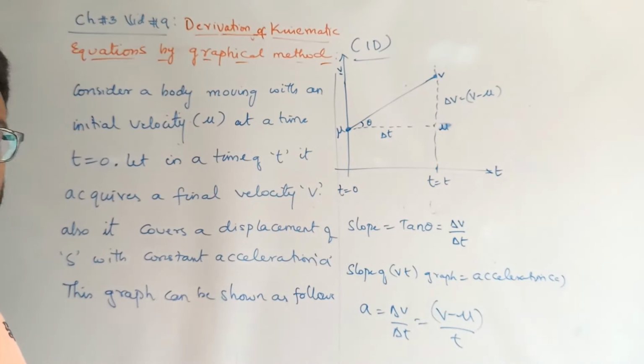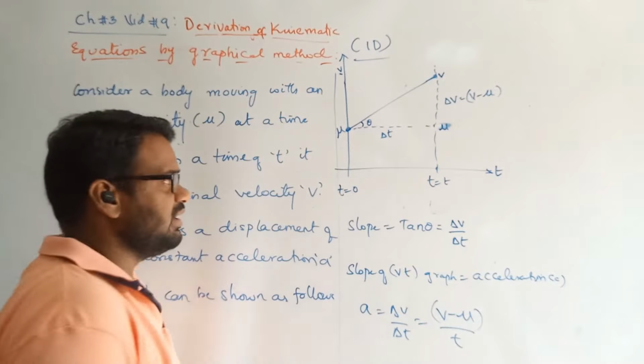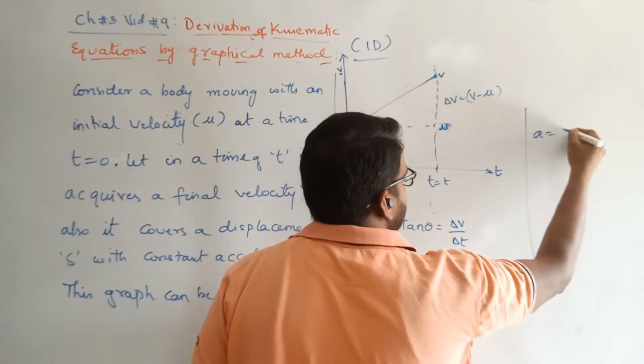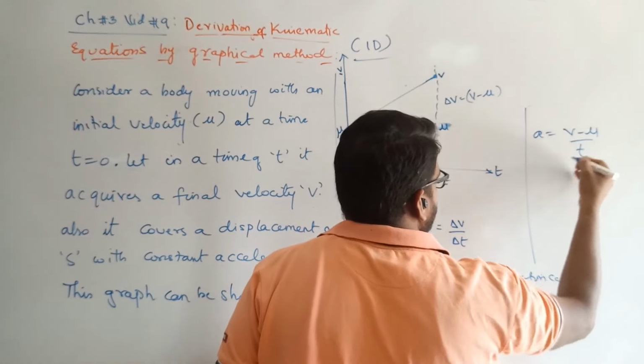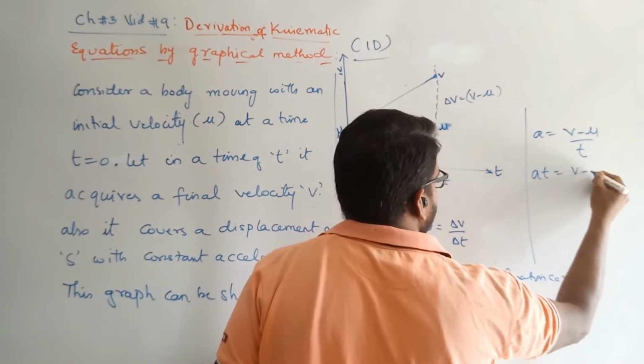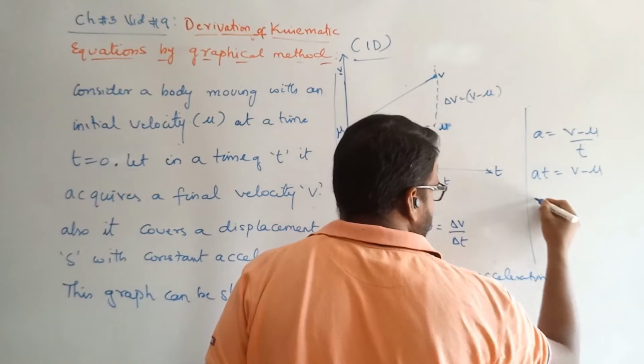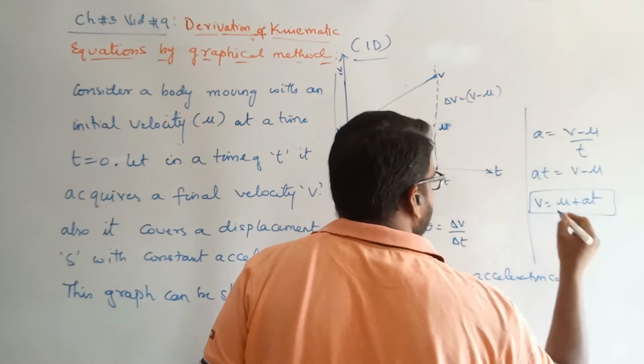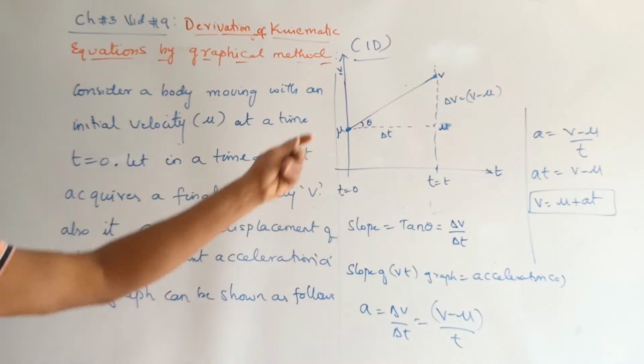By rearranging the terms, you can write a is equals to v minus u by t, or at is equals to v minus u. If you take u to the other side, v is equals to u plus at. We are getting this equation for this kind of graph.